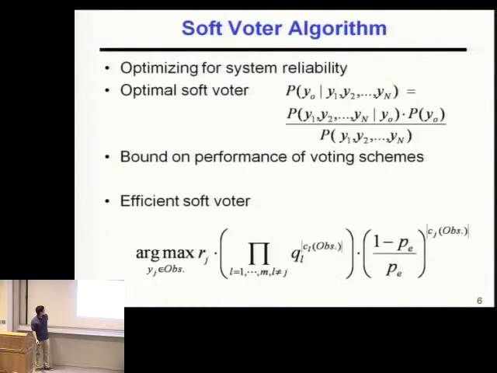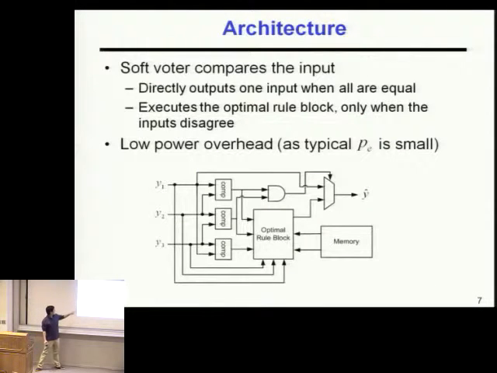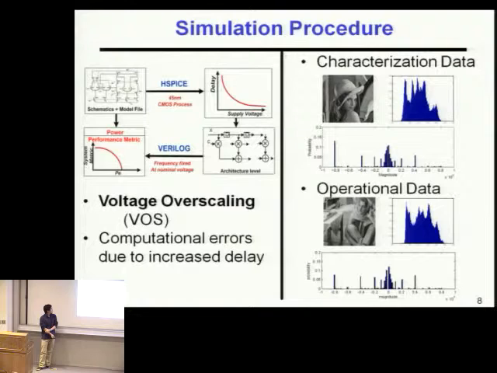And the power overhead of this soft voter is low, as the typical error rate is small for computation blocks. So the probability of this optimal block being activated is low, which results in a low power overhead.